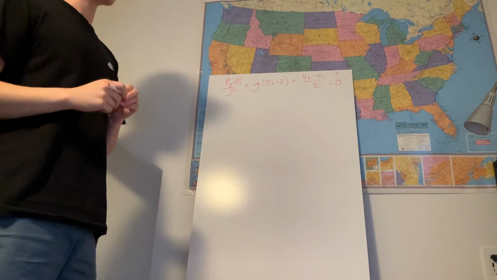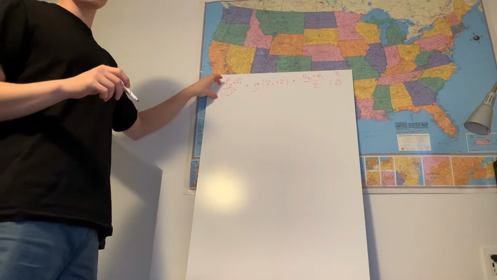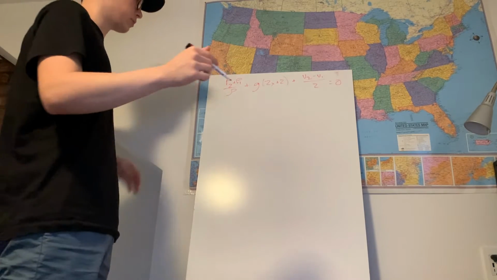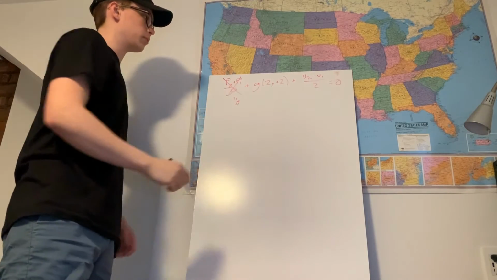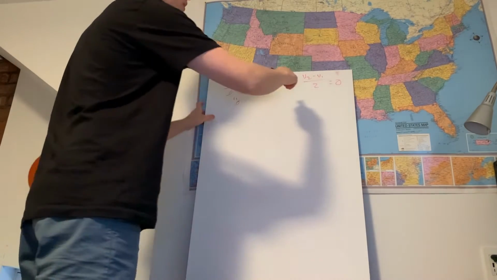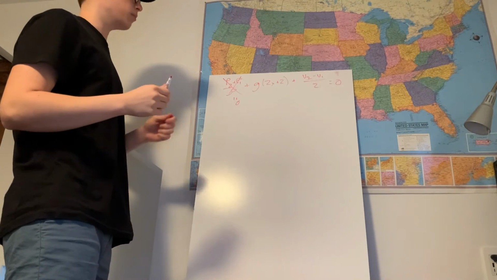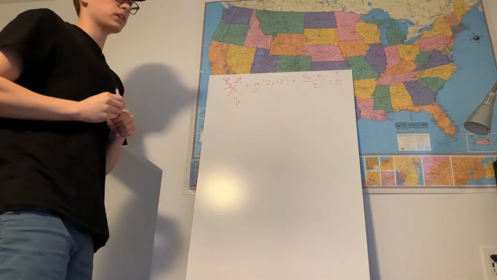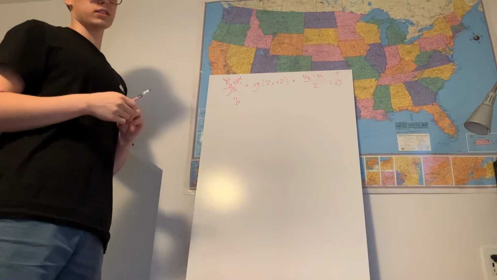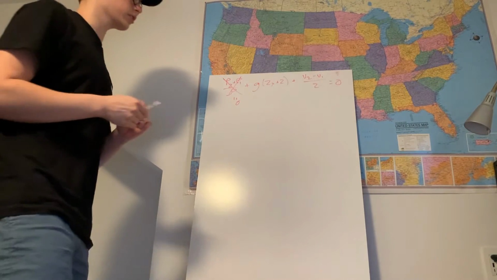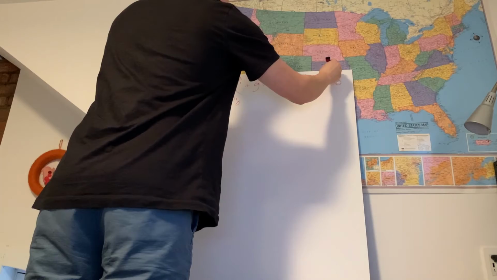A couple of things will help us simplify this. We know that both of our containers are open to the atmosphere, therefore pressure is equal to 0, so this whole term is 0 and we can forget about it. Also, our V1, the initial velocity, we're not concerned about, because the opening at the top of both tanks is too large to consider it. So this is also equal to 0.